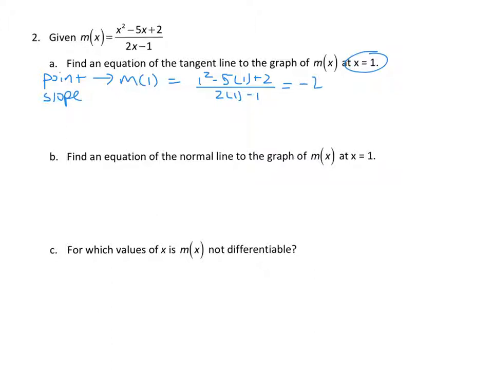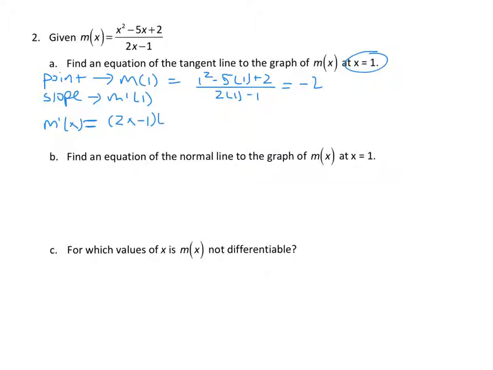And then I need to find the slope, and for that I need to find m prime of 1, or the derivative evaluated at 1. So first I need to find the derivative, m prime of x. And since we have two expressions being divided, I have to use the quotient rule. So low d high minus high d low over low squared. Low is the bottom.